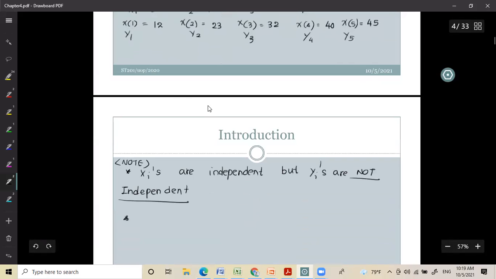And the other thing is we can find the distribution of these yi's. So you can find the distribution of these order statistics, and this is what we are going to look at in this section. It is possible to find what we call the sampling distributions of yi's.